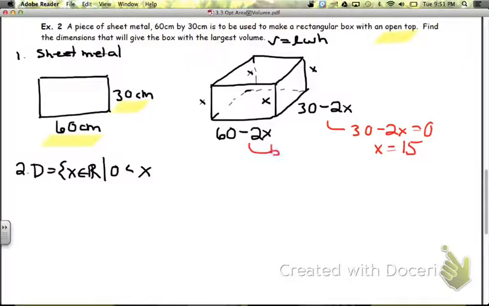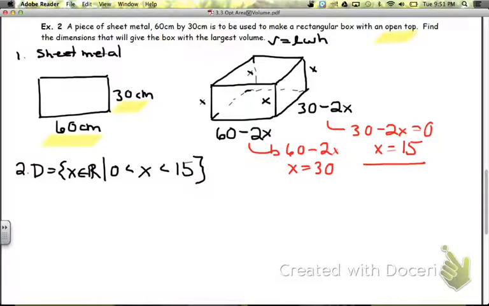And similarly, if I set this equal to 0, my x value will be equal to 30. So since x would be equal to 15 here, I know that my x value has to be less than 15. So in our domain, it's less than 15.